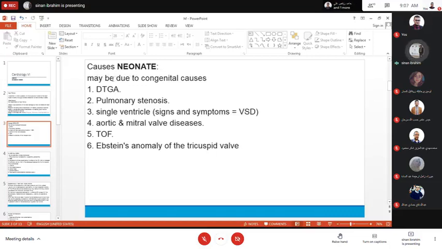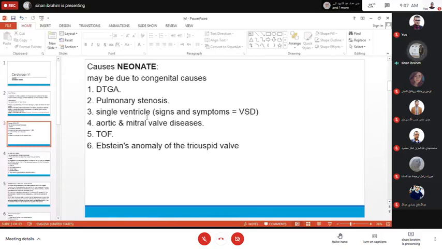For example, in the neonatal period, the patient may develop heart failure due to DTGA. We talked about it in the last lecture. And critical pulmonary stenosis, severe pulmonary stenosis, will end with pump failure and heart failure.